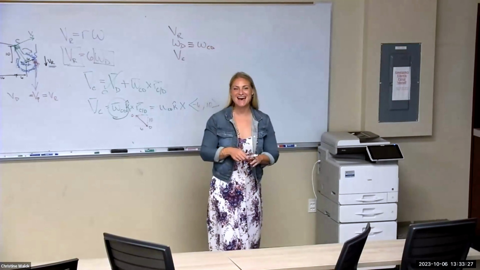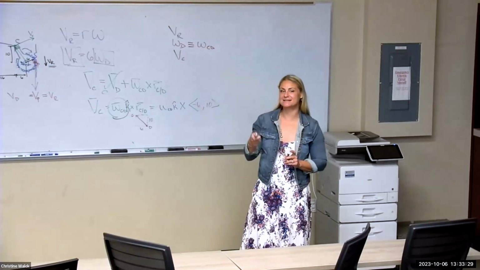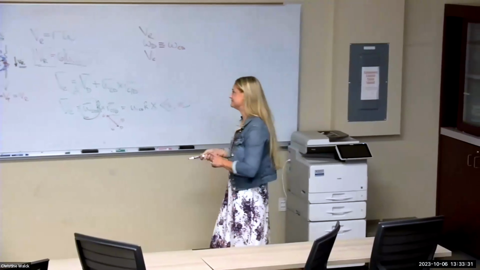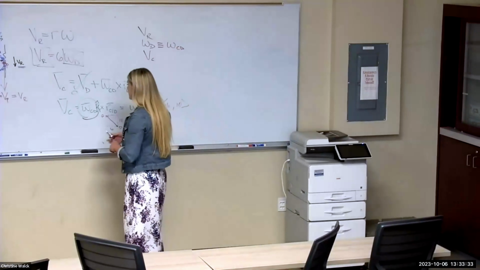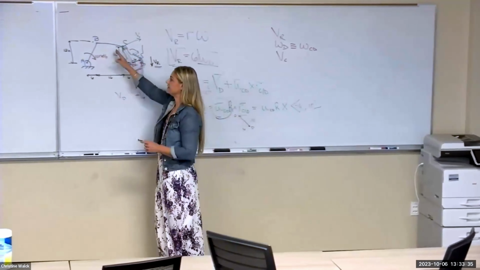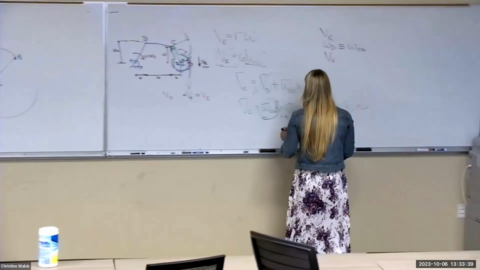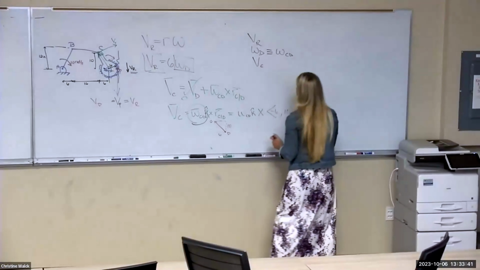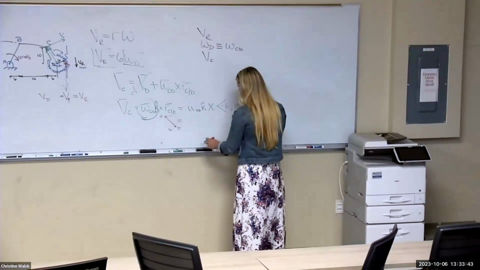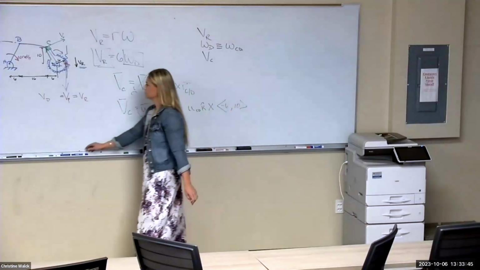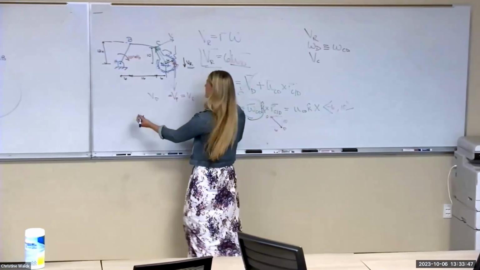And lucky for us, point C is a part of another rigid body. So our next step is to compare C to B. So why don't we go ahead and do that over here. I will write it in blue. Actually, why don't we just do it right here?